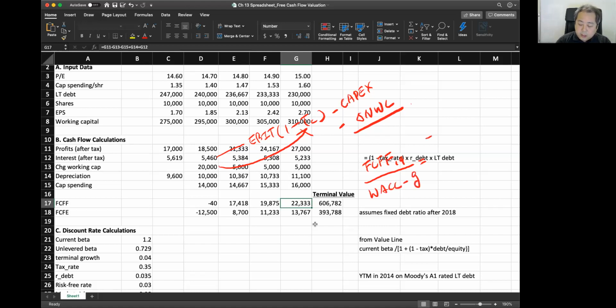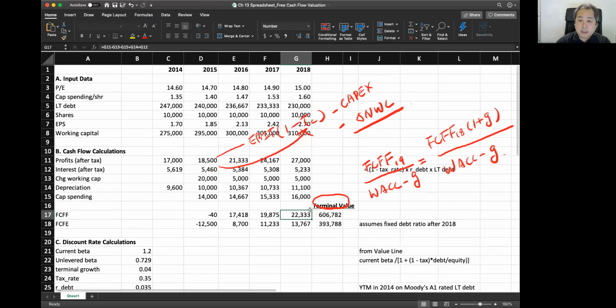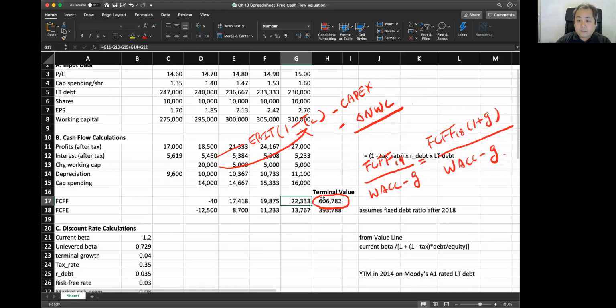And this is free cash flow for the firm 18 times 1 plus growth rate divided by WACC minus g. And if you plug number into this formula, this will be terminal value, which means that if you sell this company in 2018, then you will receive this amount. That's what it means. So it means that you actually have to get the present value.